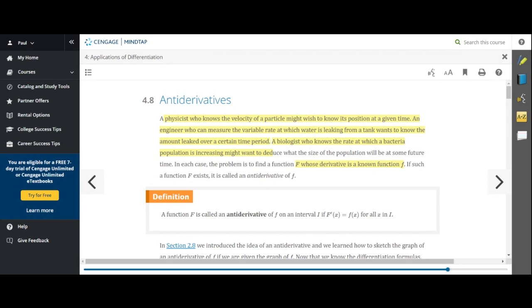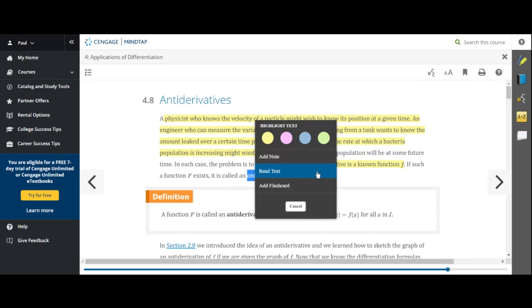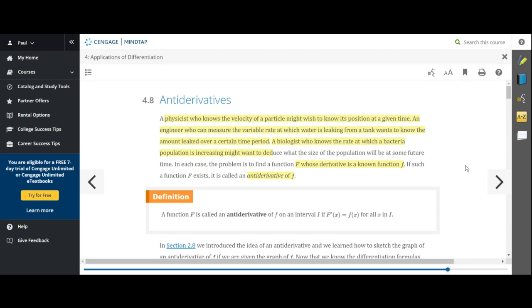And if the function capital F exists, it's called an antiderivative of f. Antiderivatives are extremely important in chapter 5, and you'll be doing a lot of antiderivatives in calculus 2 as well.